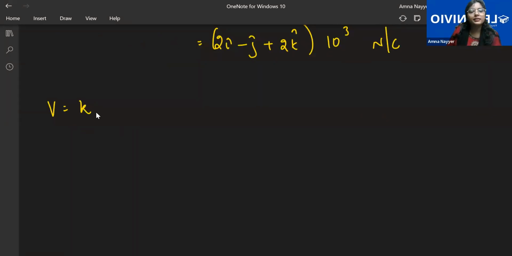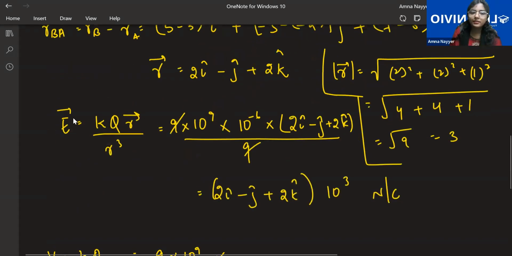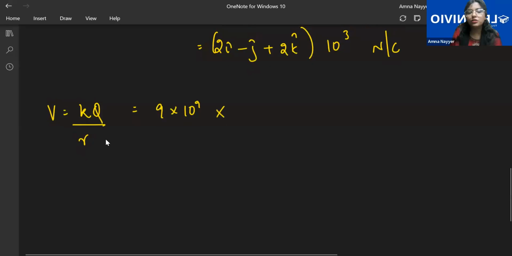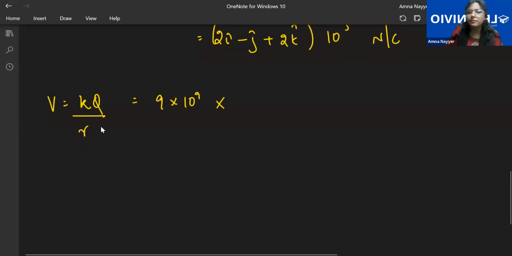Also, you can calculate it is kq by r. So this is 9 into 10 to the power 9. Because this cannot be written in vector form. This will be always in scalar form. Electric field could be written in vector form, so we use the vector. Here we just require whatever is given. Like K, we know charge is 10 to the power minus 6. And magnitude of position is 3. So that's it.